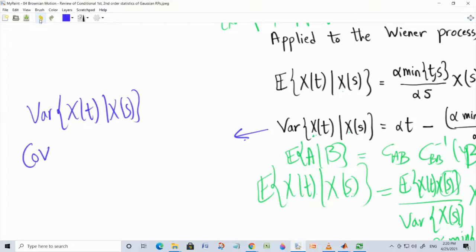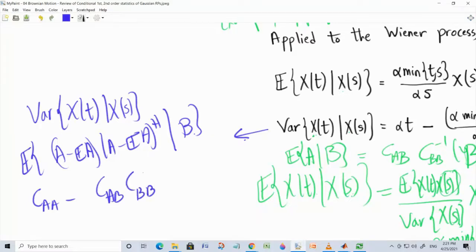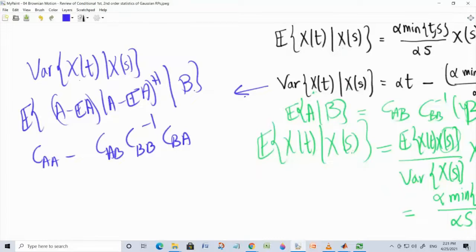Let's write it explicitly: the expectation of A minus expected A, times A minus expected A Hermitian, given B. This thing is the covariance matrix of A given B, so it is the covariance matrix of A minus C_AB, C_BB inverse, C_BA.